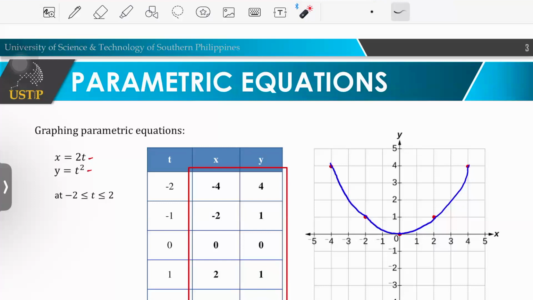Ay, sakto day. Negative 4, 4. This will be this point. Negative 2, 1 kani nga point. 0, 0. 2, 1 kani. And then 4, 4 kana. Okay, so you will have these graphs.